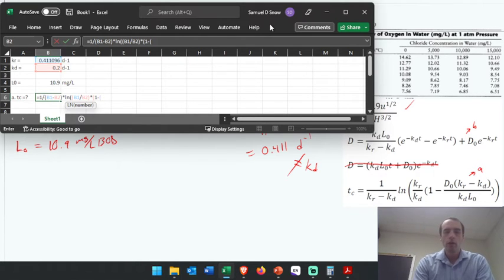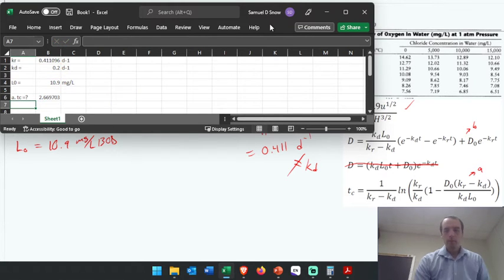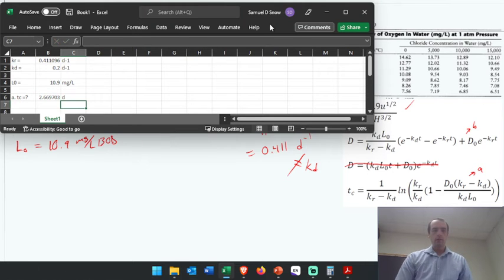I forgot to write that in here, but we'll put it in manually. Times KR minus KD, divided by KD times L naught. And that should give us a value in days. So 2.67 days.